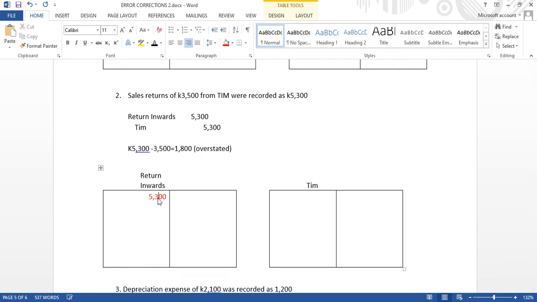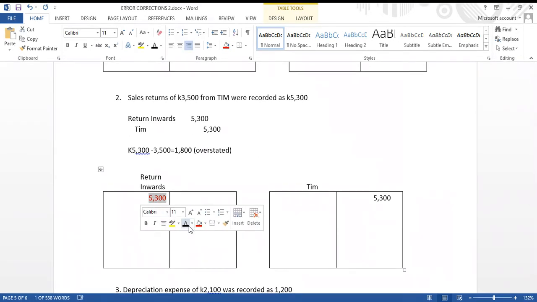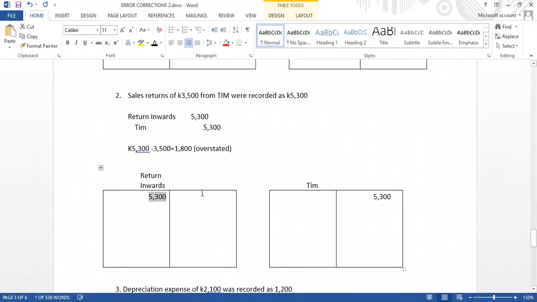5,300 here. On Tim's account, it was also 5,300. So these are the overstated amounts. We need to reduce them.